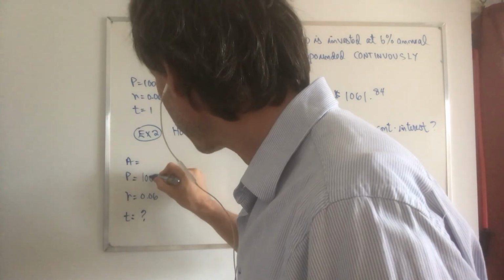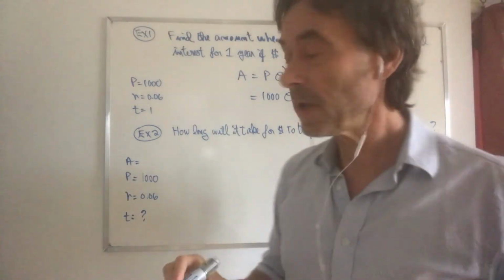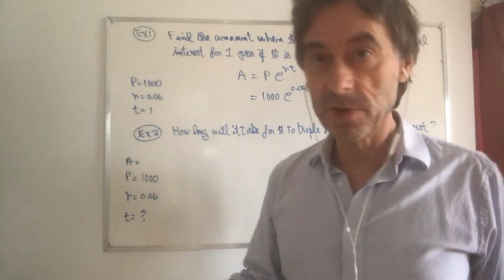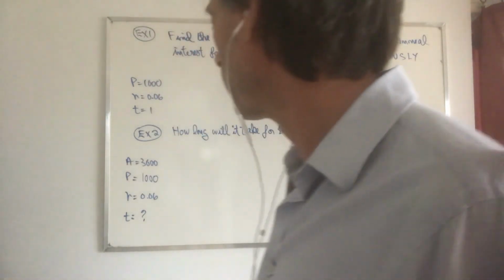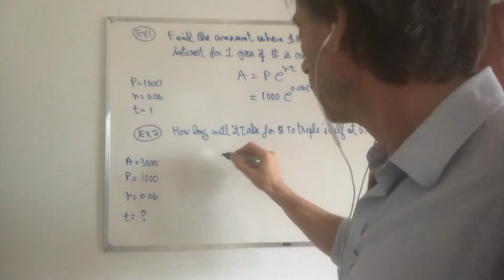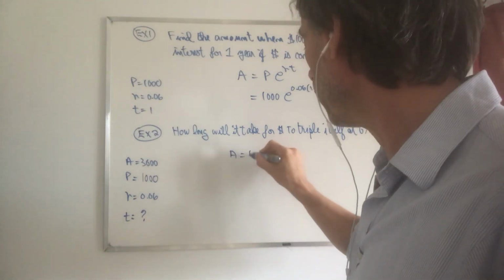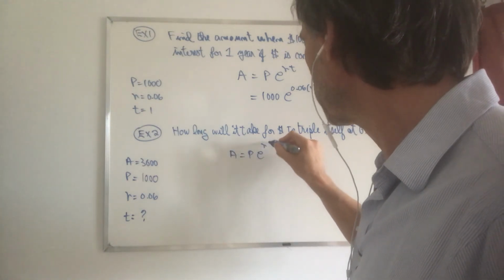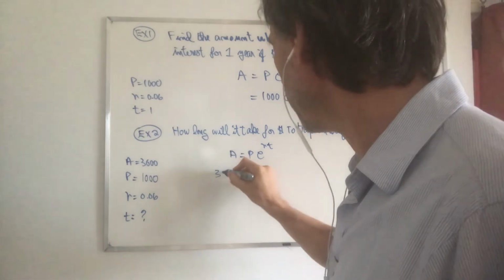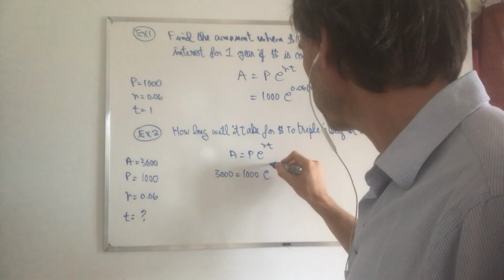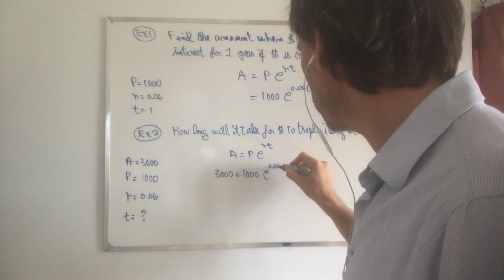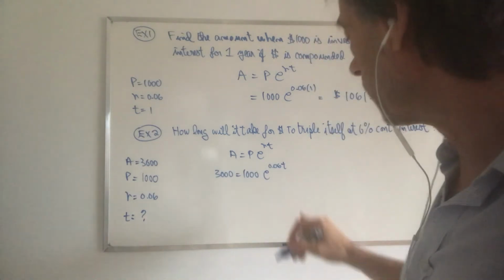So here's what we could do. We could say, put in the bank $1,000 and it'll triple itself whenever you hit 3 times that, so $3,000. So we could go with that, and then we get into the formula Pe^rt. We get 3,000 is equal to 1,000 e to the 0.06 t.